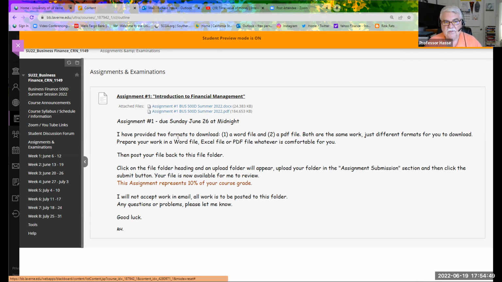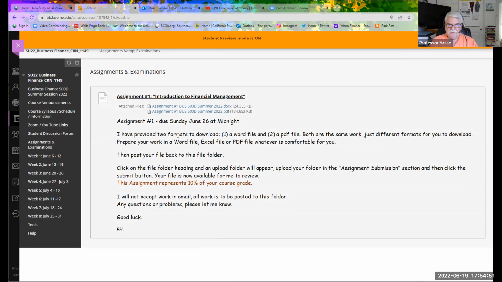Assignment number 1 is called Introduction to Financial Management, and it's asking questions about our first 2 weeks of class, the overview of finance and time value of money. I give you 2 files, both the same work. One is a Word doc file and the other is a PDF file. Because some of the work on assignment 1 is doing present value and future value calculations, you might want to use a spreadsheet for those calculations.